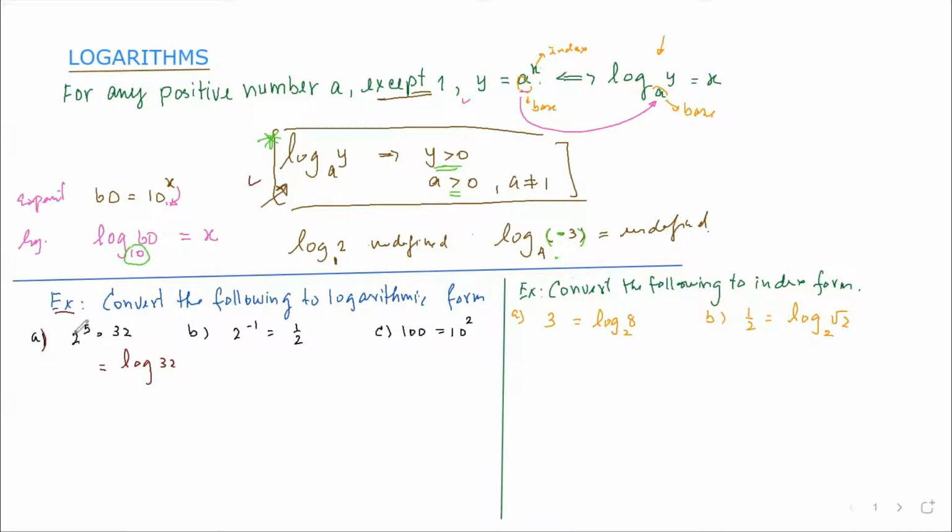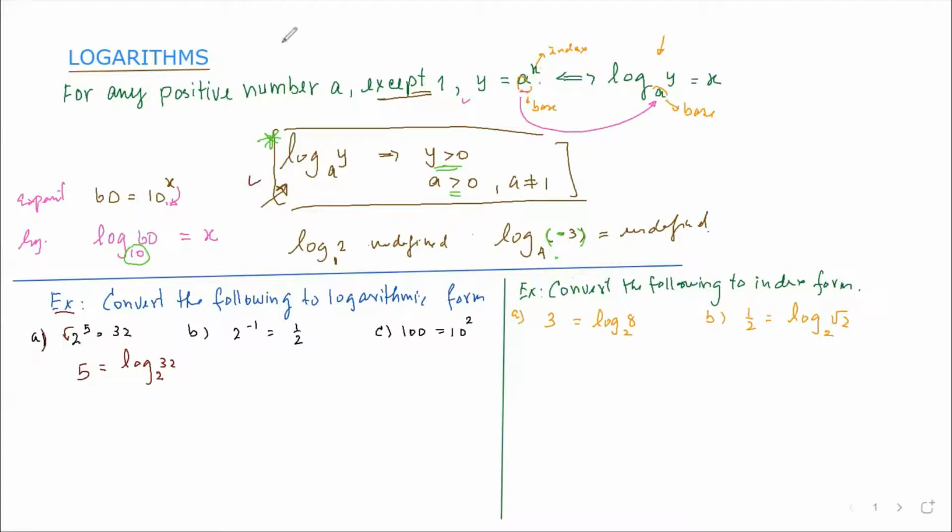And this base of the exponent, base 2, you write down to become the base of the log. And then the number 5 takes the place of the number 2 on this side. So this is equal to 5. So this is converted to logarithmic form.